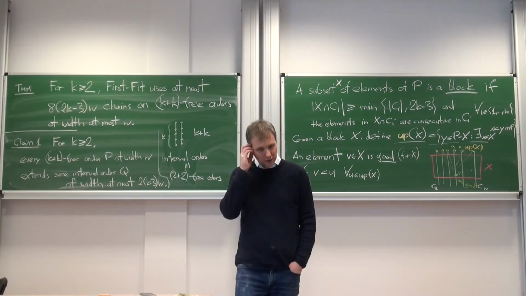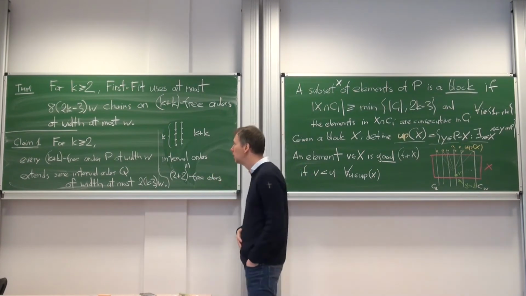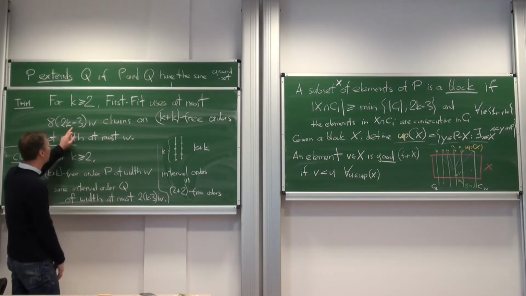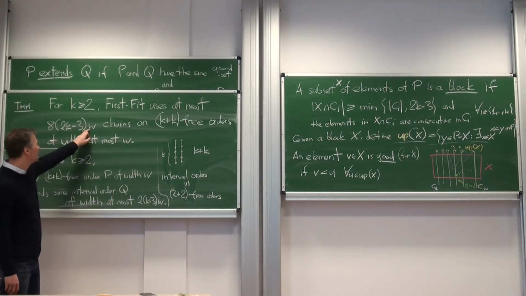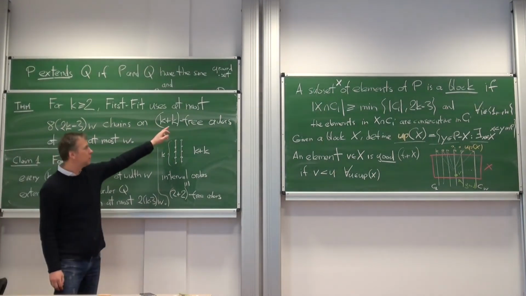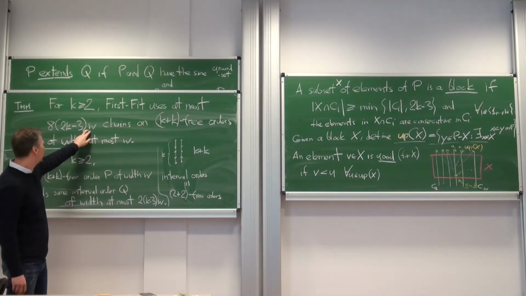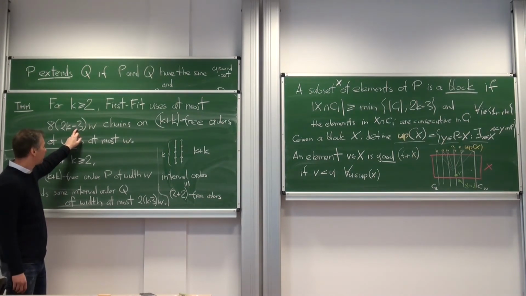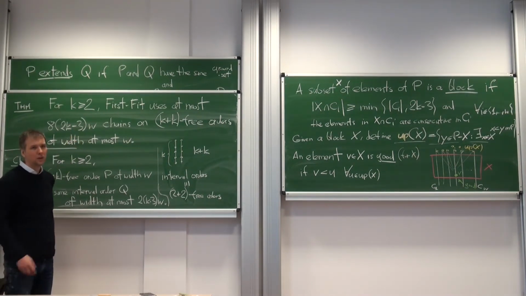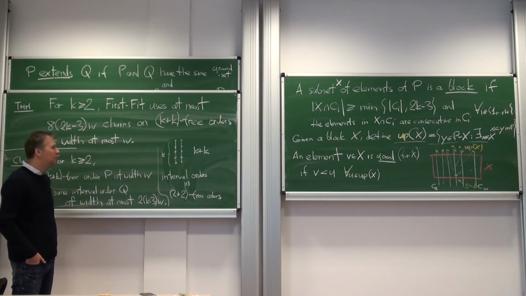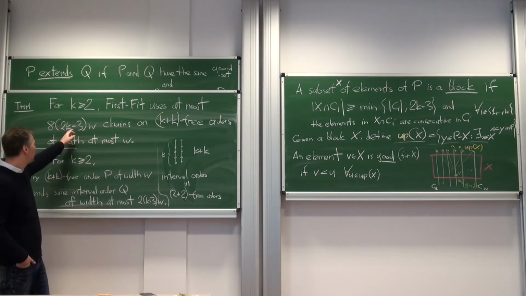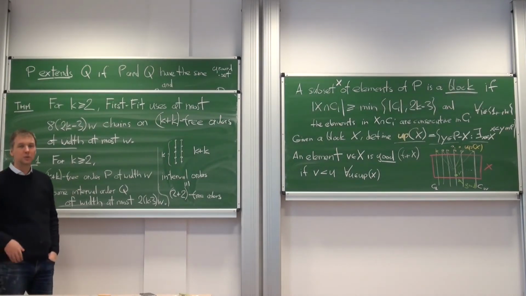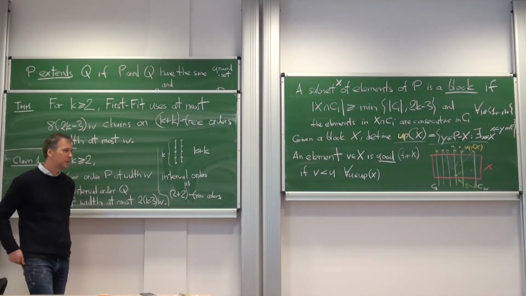We're going to see that first fit works well for arbitrary k. So it uses at most this number of chains. So this is the width of a k+k-free order, w, and the number of chains is 8 times (2k minus 3) times w. Now, for k equals 2, the statement just holds, because 2k minus 3 is then 1, so we use, as we have seen, 8w chains.